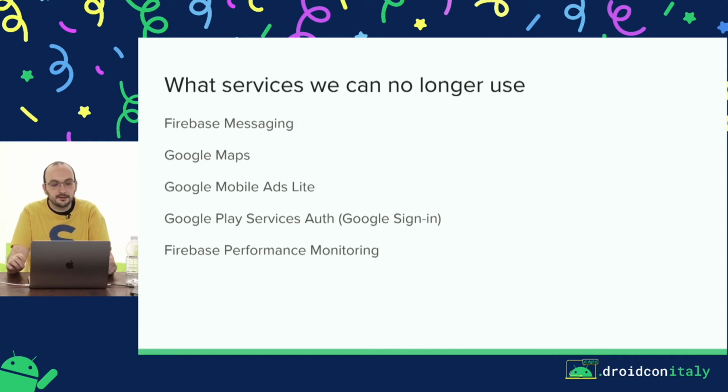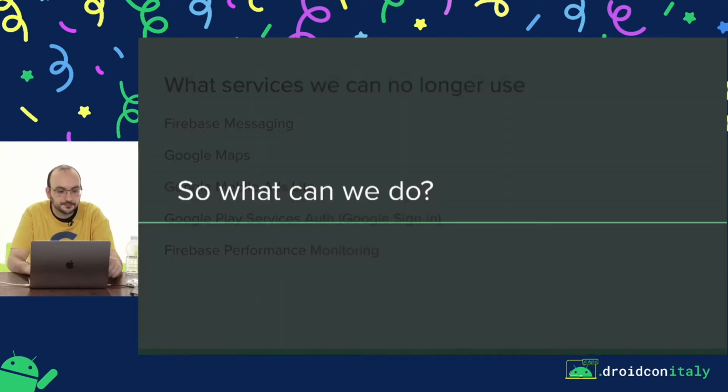Another big library that we can no longer use is Google Play Services Auth, that is the library that provides the Google sign-in on our devices. And the last feature that is missing is Firebase Performance Monitoring, that sometimes is useful to integrate in our applications to know if we can somehow improve their performance.